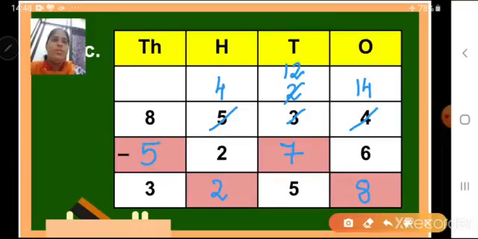Children, note down all the steps properly. It is very important, especially the tens one. Okay, here you can see double borrowing was there. And one more thing, here you got 2 minus 5. Okay, by mistake also don't reverse it.